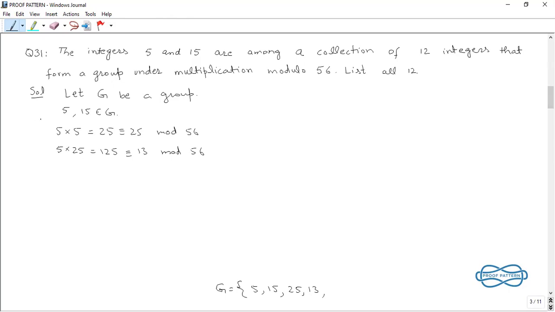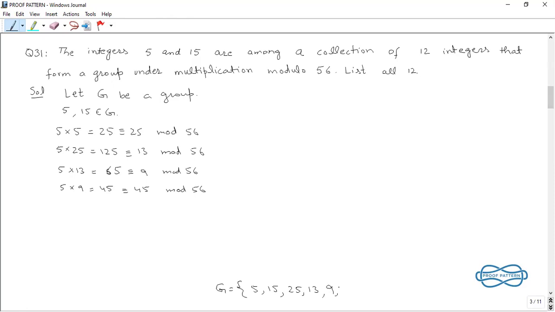Now 5 multiplied by 15 is equal to 65, and that is congruent to 9 mod 56. So 9 is another element. Now we multiply 5 with 9, which is 45, and 45 is congruent to 45 modulo 56.